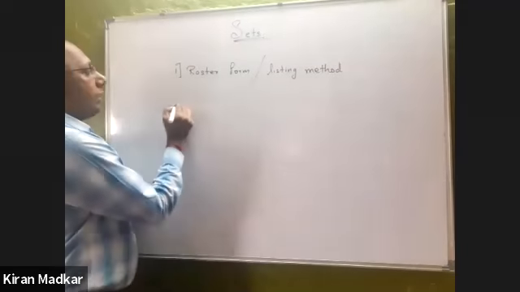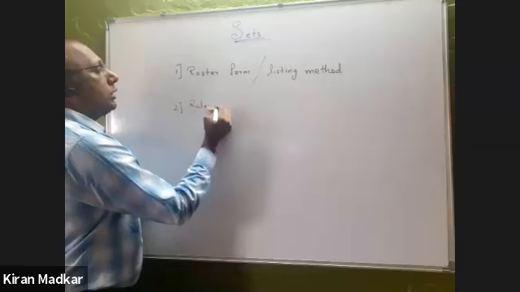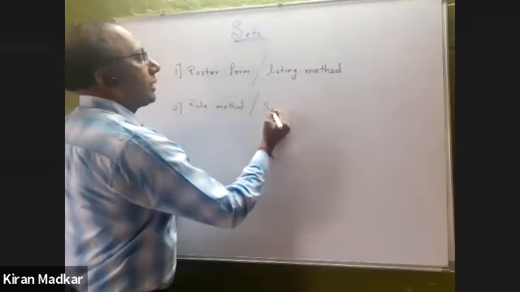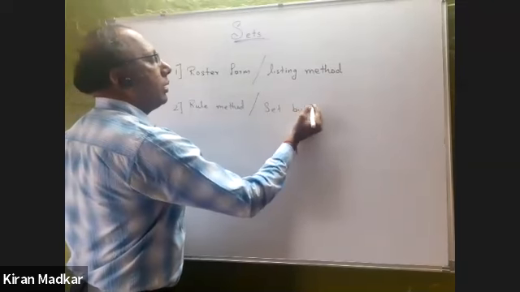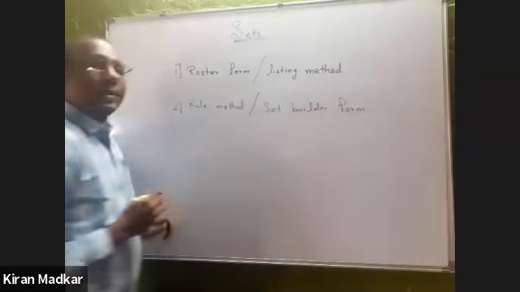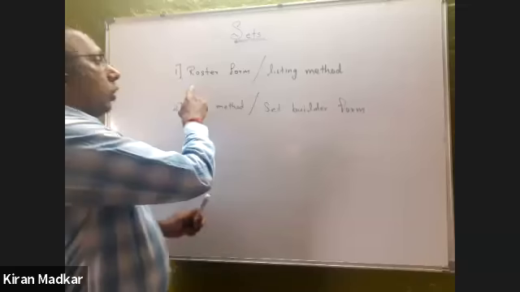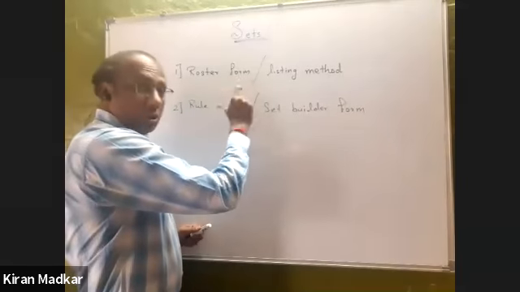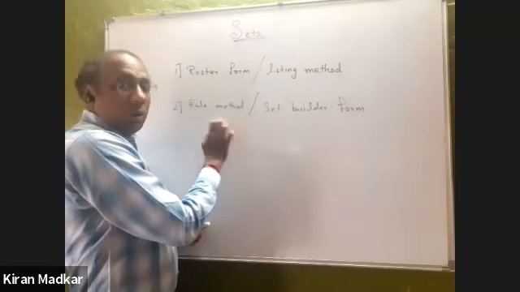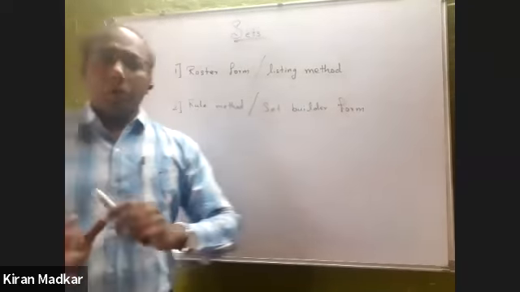Okay. While type 2 is the rule method, which is also called the set builder form. So the names, roster form, which is also termed the listing method, and rule method, which is also called the set builder form, are important.